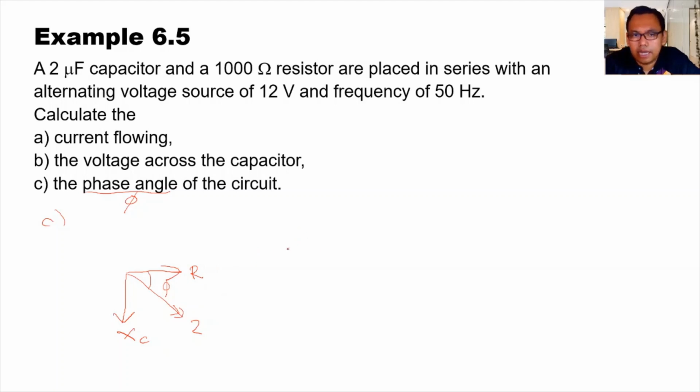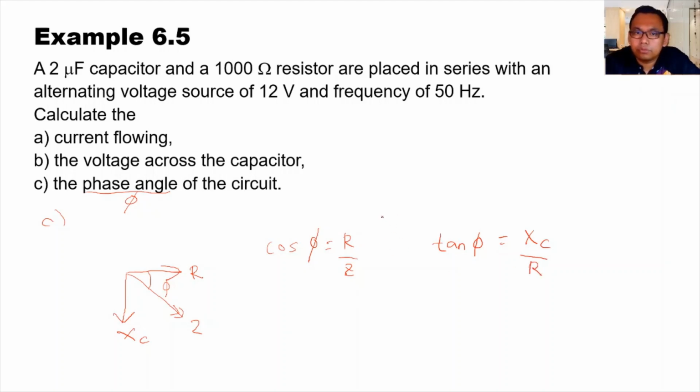Here we can see that cos of phase angle is equal to R divided by Z, resistance divided by impedance. Also, from that phasor diagram, you can see tangent of phase angle is equal to XC, capacitive reactance, divided by R.